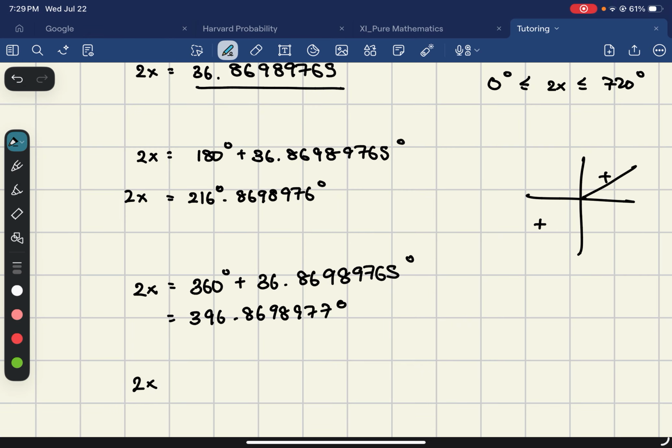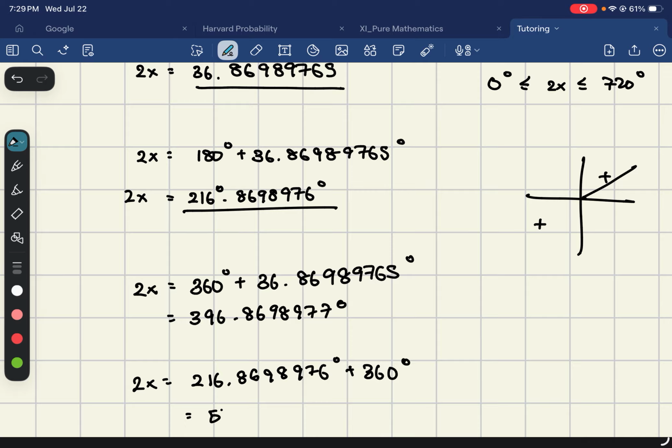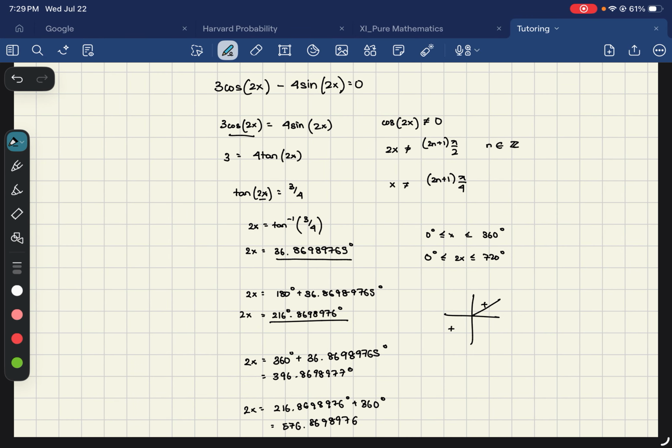And finally, our answer can be this plus 360, right? 216.8698976 plus 360. So we can add 360 to both our answers, and it will still be within 720. So our final answer is 576.8698976. All right. And now that we have our 4 answers down, let's figure out what our x is.